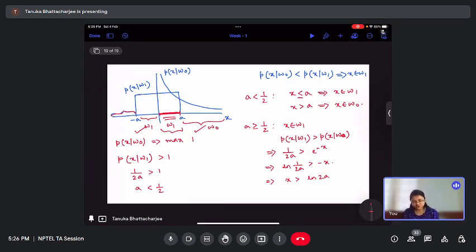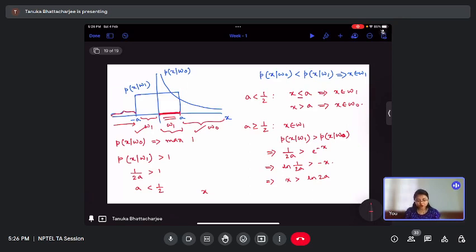So, the first one is when your x is from minus infinity to minus a, you can put it anywhere, let us say put it at omega 1 to have a consistent decision throughout. Then from minus a to 0 you are putting at omega 1.